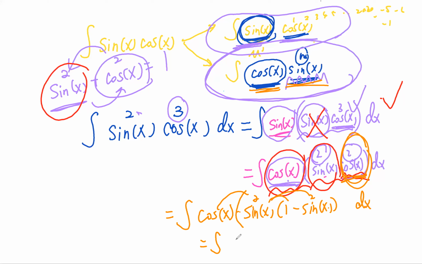So that's gonna be cosine paired with my first one here, sine squared, dx. Subtract, because I have a negative sign here, that's gonna be cosine paired with my second one, square times square, that's gonna be sine to the fourth.